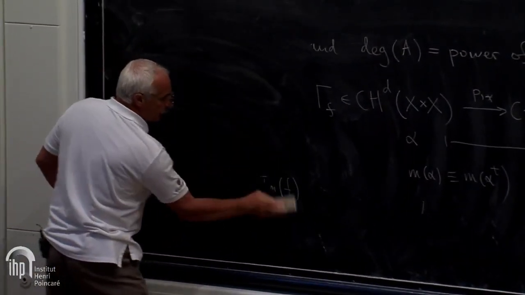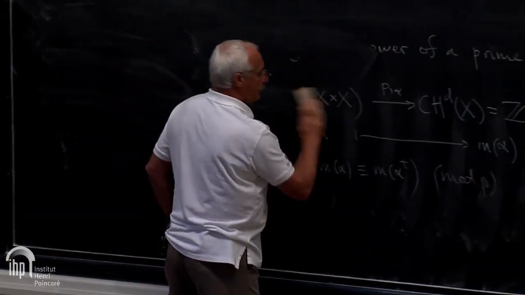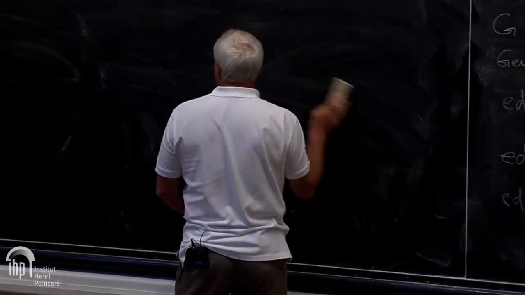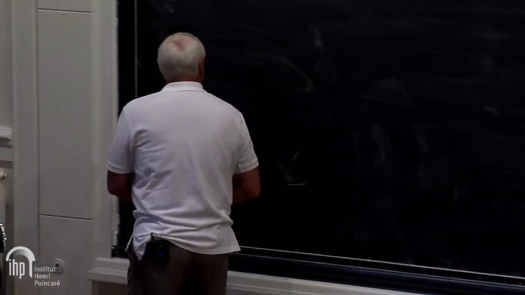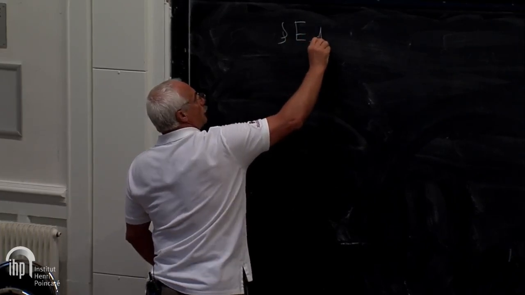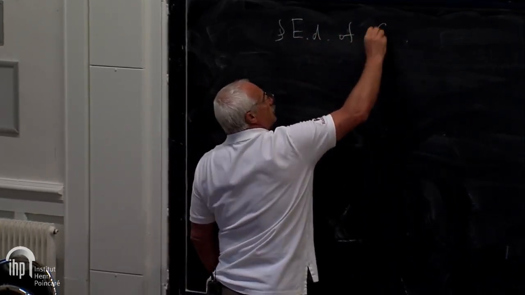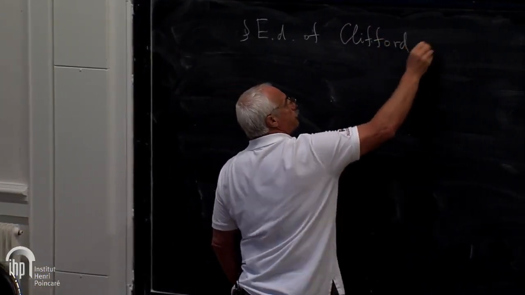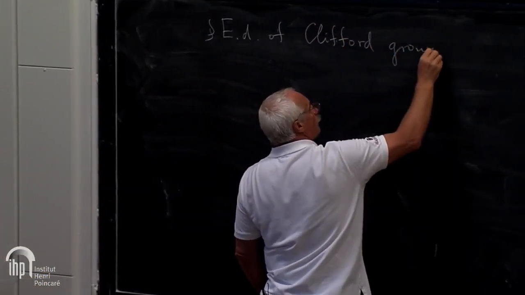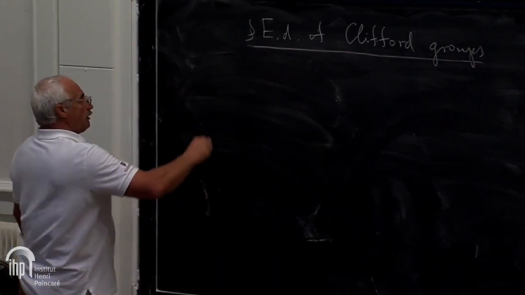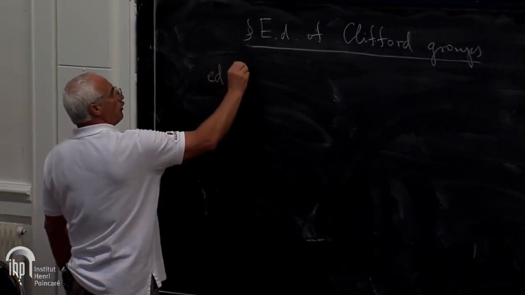Essential dimension of spinor and Clifford groups. Well, let me write simply Clifford group, even Clifford groups. So we have the orthogonal group O_n.